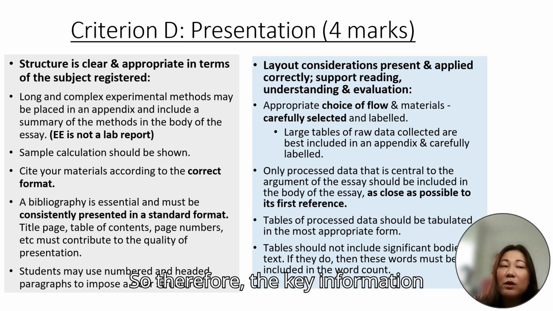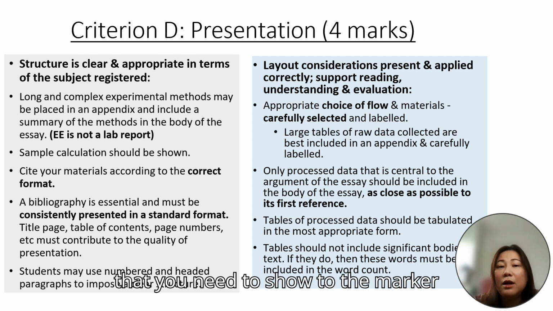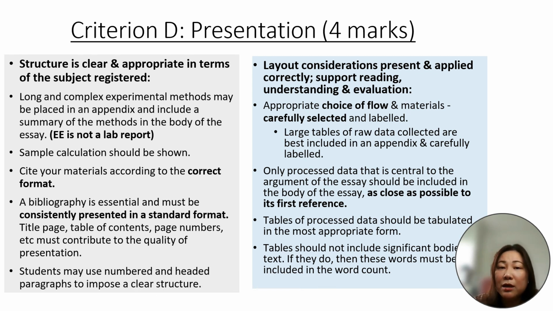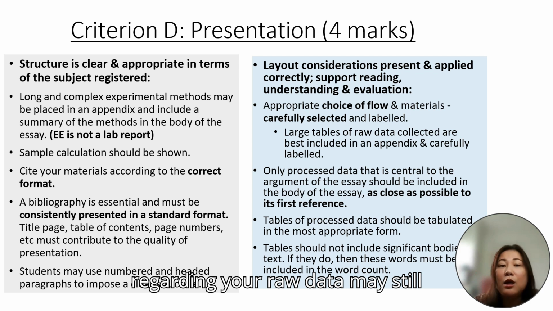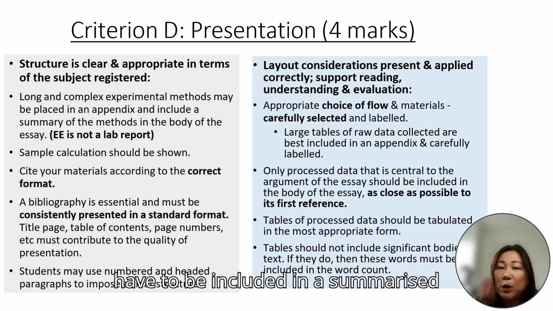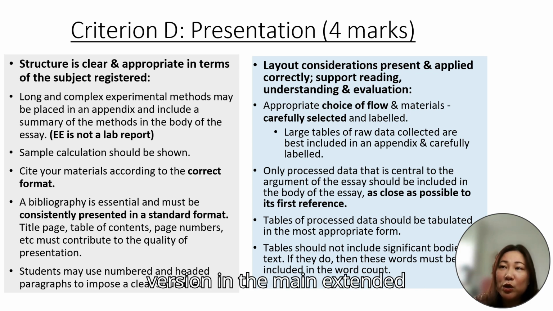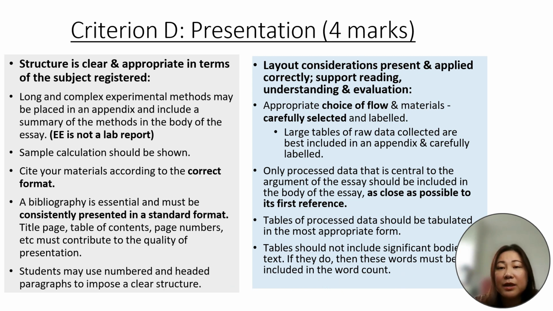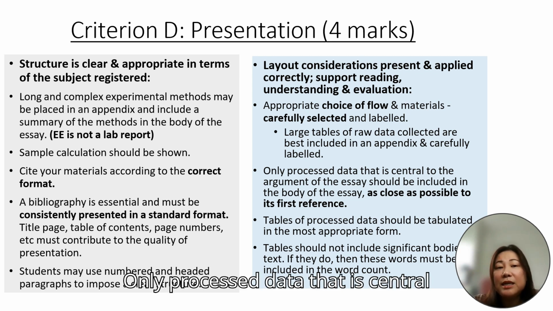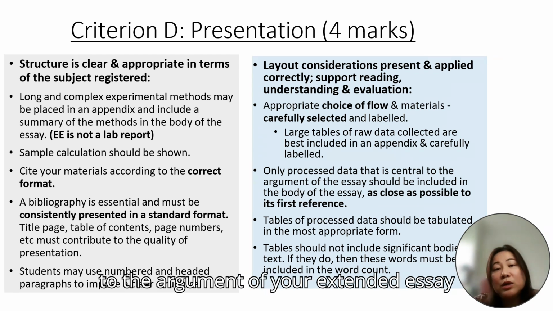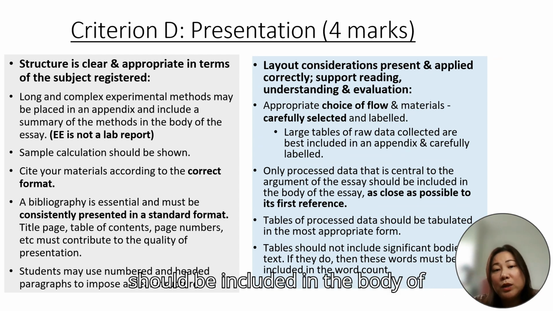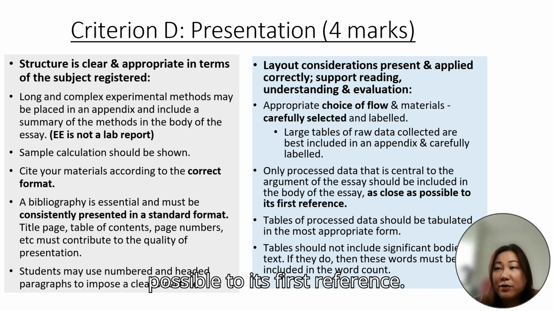So therefore, the key information that you need to show to the marker regarding your raw data may still have to be included in a summarized version in the main extended essay text. Only processed data that is central to the argument of your extended essay should be included in the body of assessment as close as possible to its first reference.